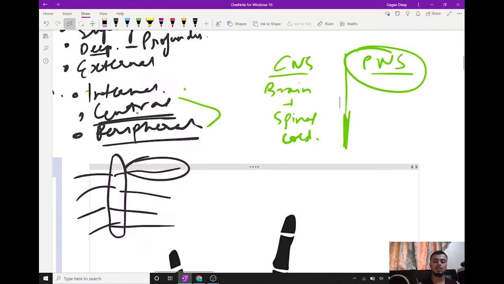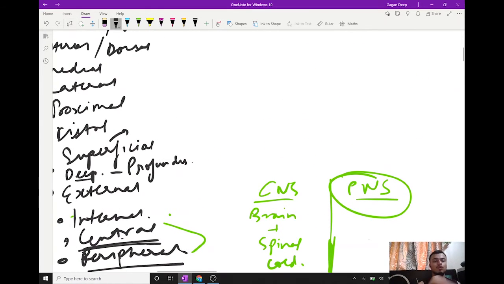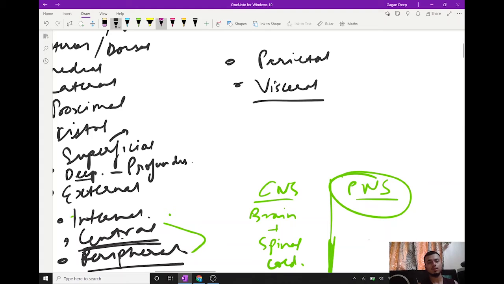Now we are left with two more terms, which are parietal and visceral. To give you a short hint, parietal you can learn as upar, which is a Hindi word for above.